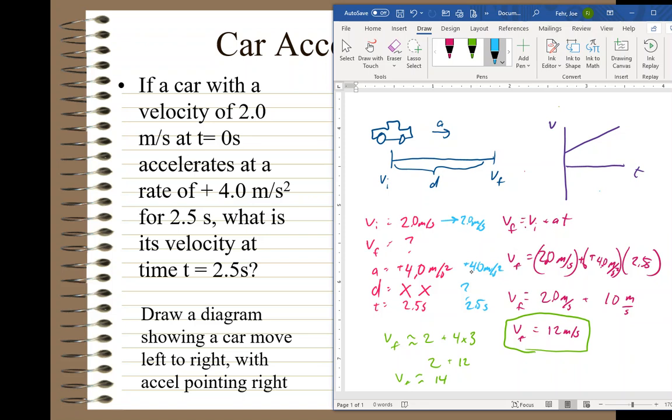Okay, now I'm looking for displacement, and hey, don't forget about the 12 meters per second though, right? Sure. Okay, but I'm not absolutely sure about that. I'm pretty sure, I'm very confident actually, but what if I made a mistake? So I'm going to say, no, do not use the 12 meters per second. Don't use the final velocity. So what equation would we use if we don't care about the final velocity?